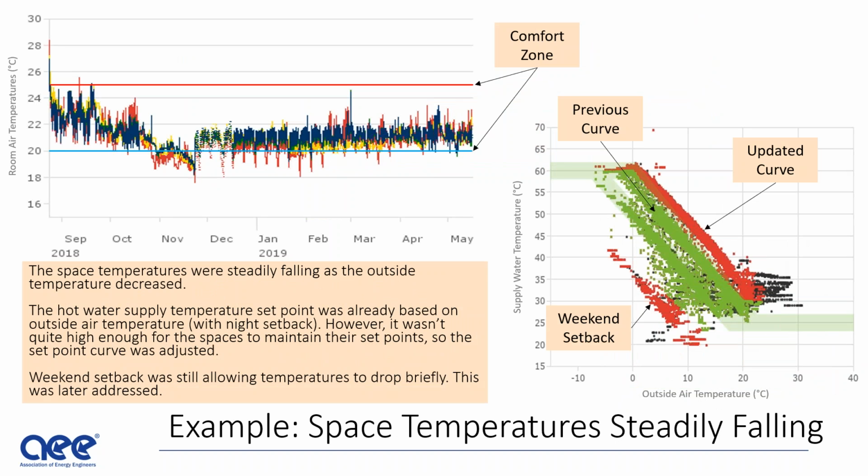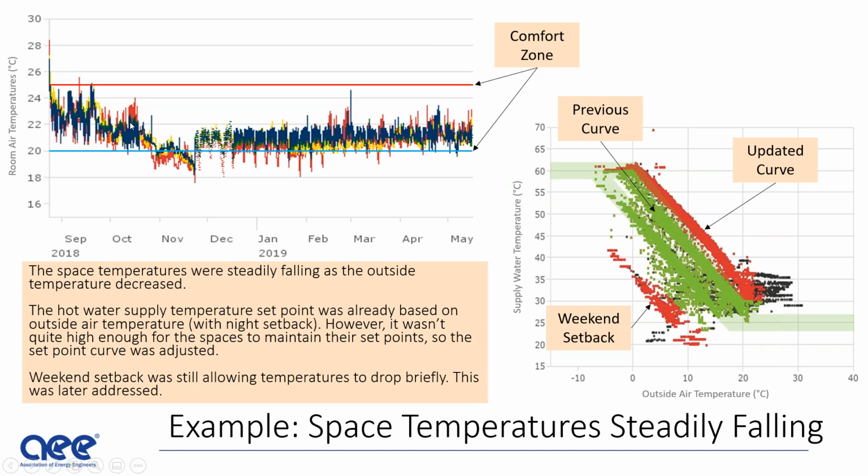In this example, this plot shows several space temperatures plotted in degrees Celsius over time. The typical comfort range is around 20 to 25 degrees Celsius.